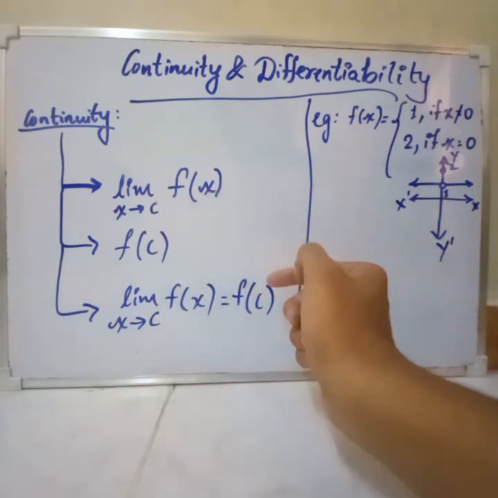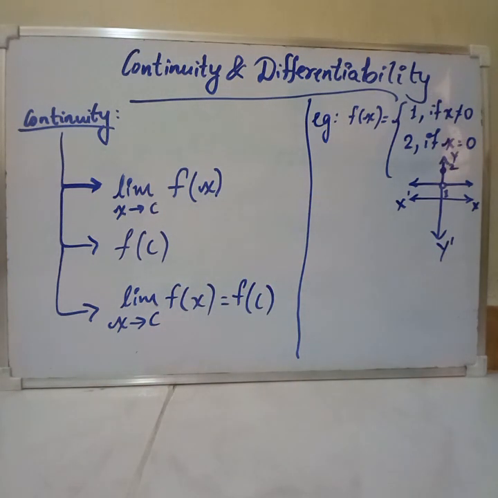And if all these three conditions are satisfied, then only we can say that the given function is continuous at a particular point. And if we say a given function is continuous totally, it means it is continuous at each and every point of its domain.